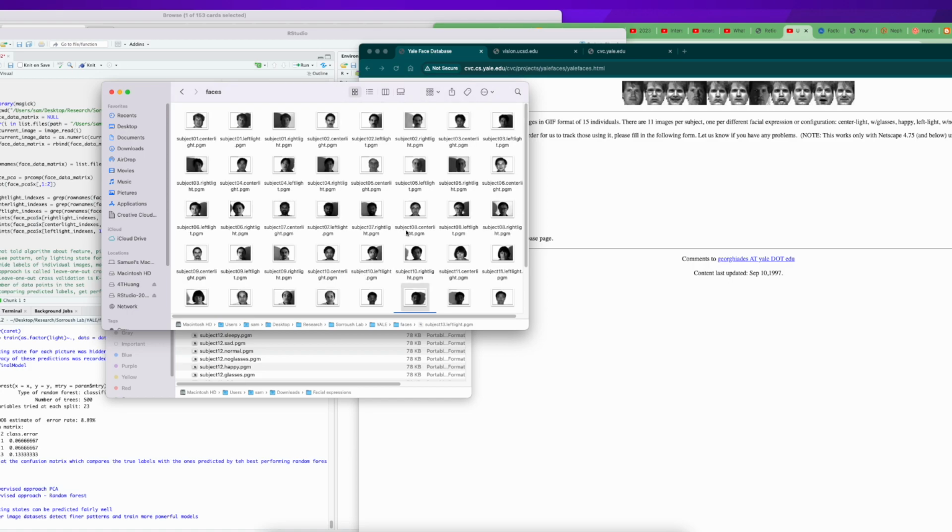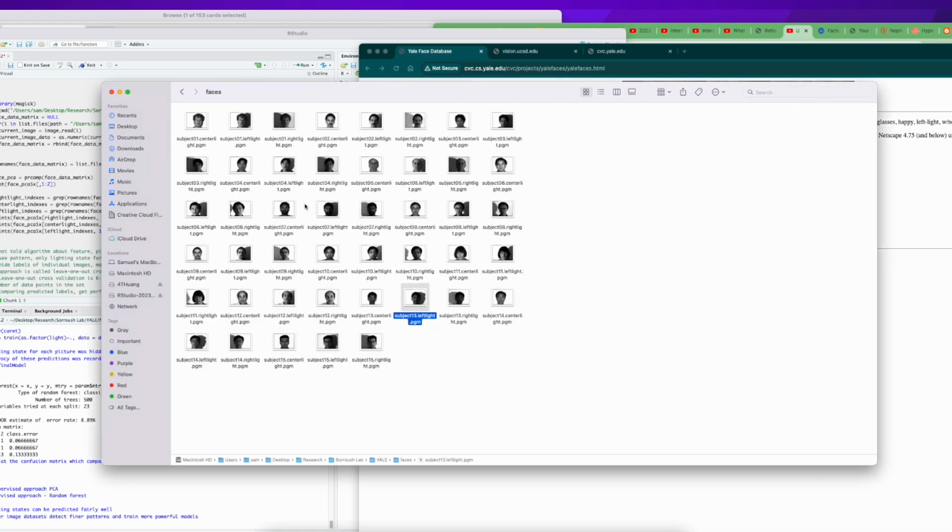So you can see from here that each of these images, the light is shined on the individual in different ways. For this guy, the light is straight on at him. For him, the light is shining from the left side, so it's casting a shadow on, it's not on an anatomic right, it's on photo left.